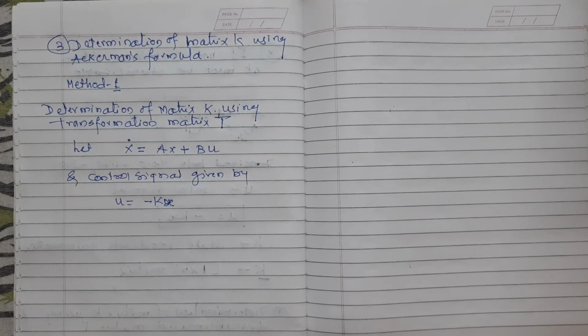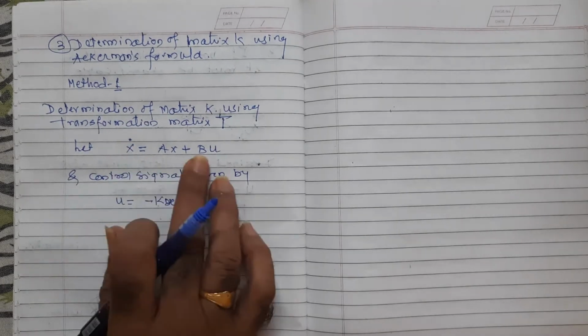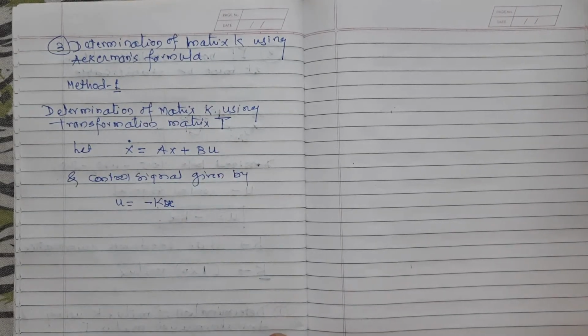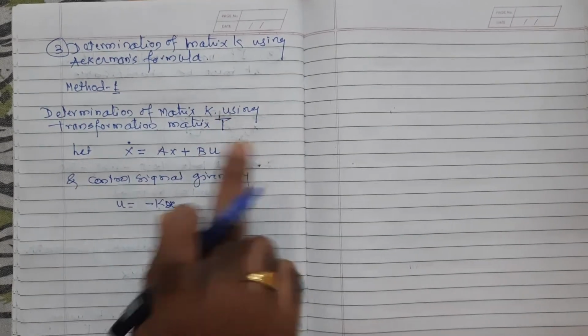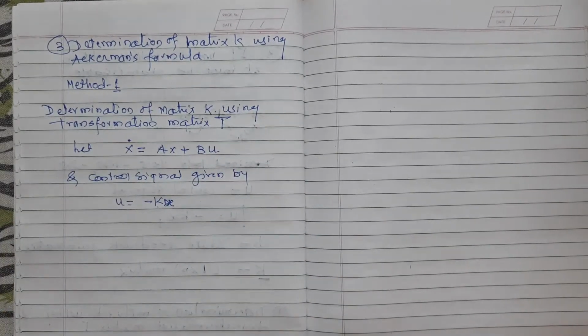So this is our system, x dot equals Ax plus Bu, and the control signal is minus Kx. This is given, and we have to determine the matrix K by using the transformation matrix T.